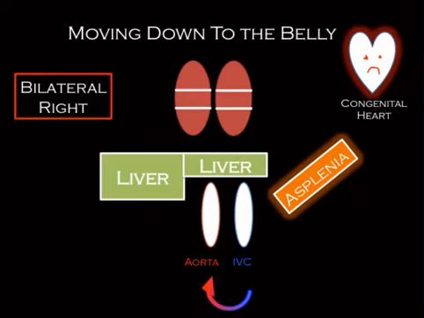In other words, you don't have a spleen. So your liver sort of stretches across the midline. You don't have a spleen, and then we've got vasculature that's on both sides. So we've got the aorta and the IVC inverting, or reversed.